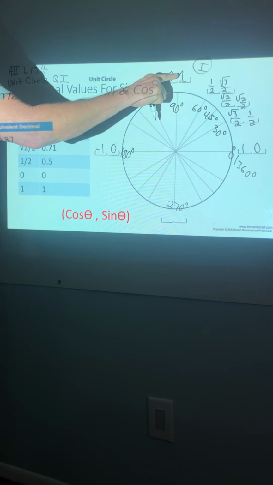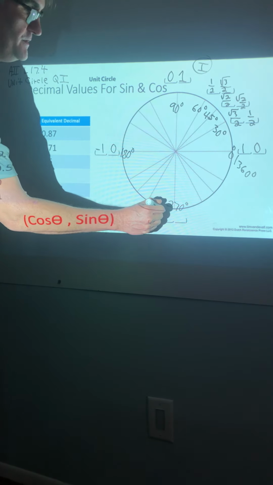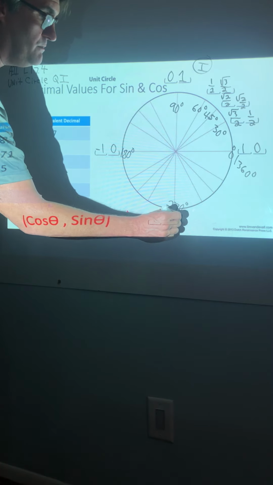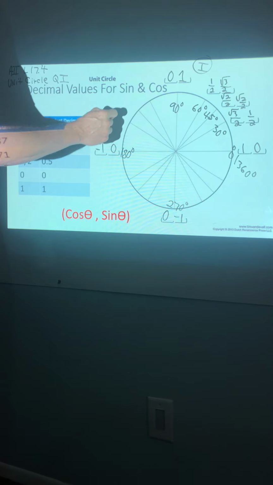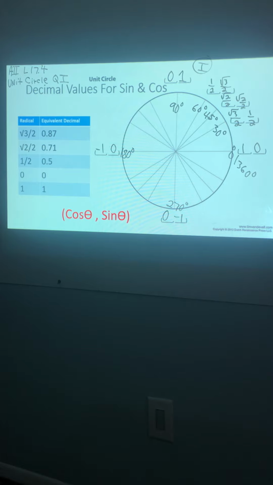And if 90 is 0, 1, and I go south, then this is 0, negative 1. Nice. So far, this is mainly quadrant 1, and then we'll do an activity to fill in the rest of the circle.